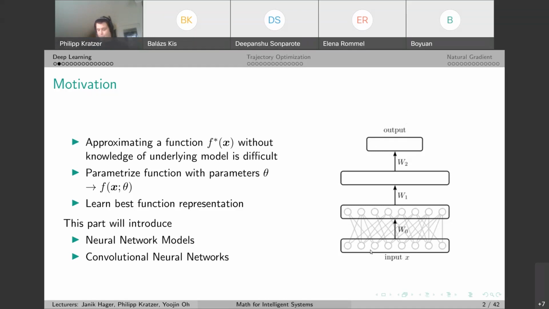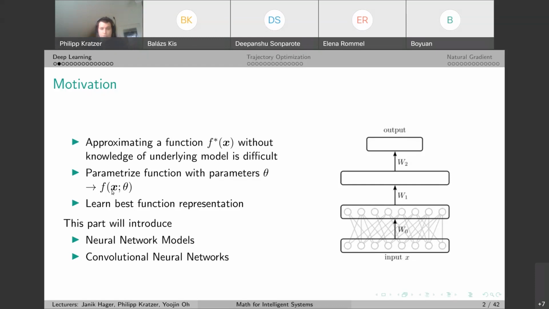And instead of doing it traditionally, coming up with our own functions and features, we want this to be end-to-end and learned.